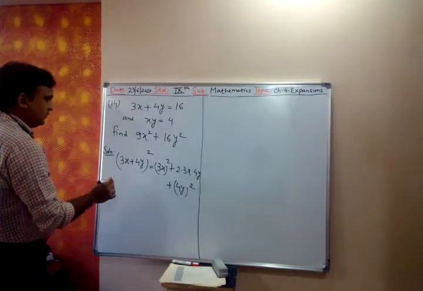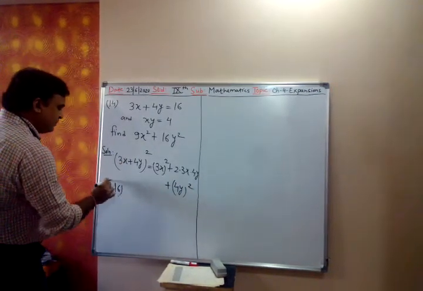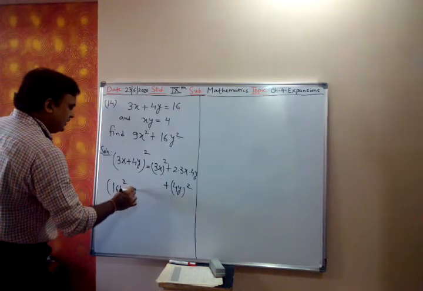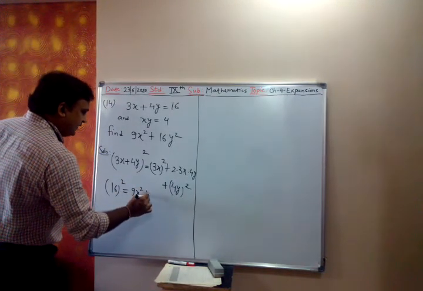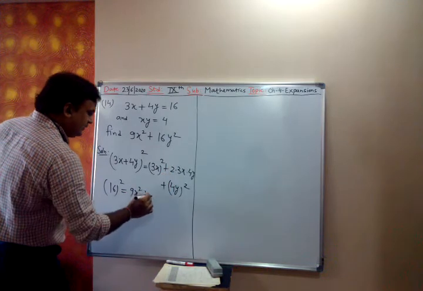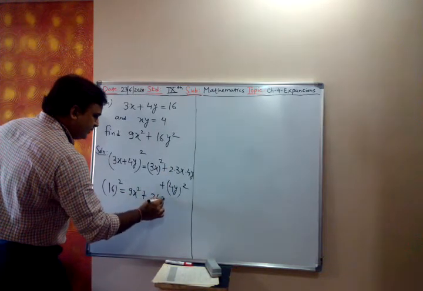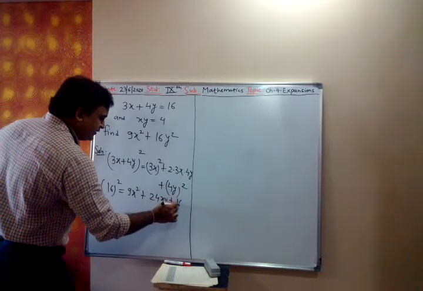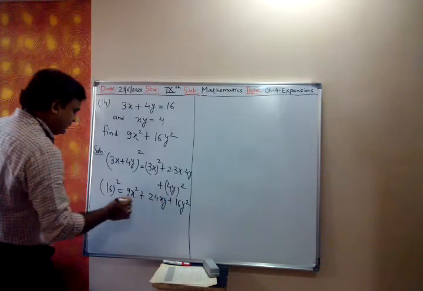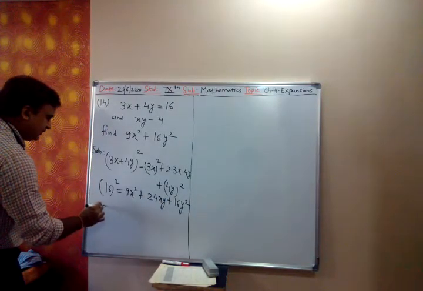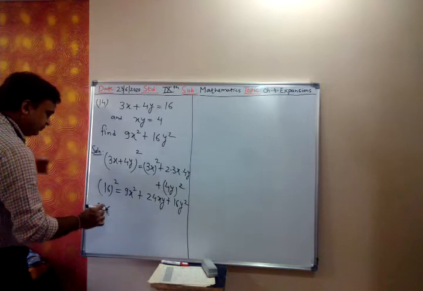So 3x plus 4y is 16. 16 square is equal to 9x square plus 2 3s are 6, 4s are 24 xy plus 16y square. 16 square is 256, 16 into 16.